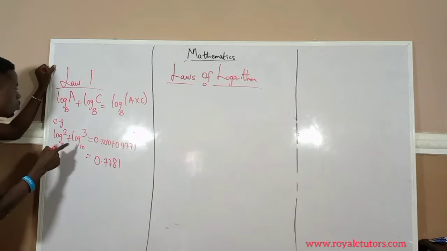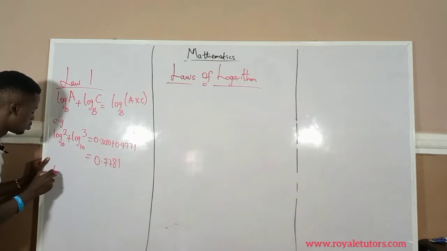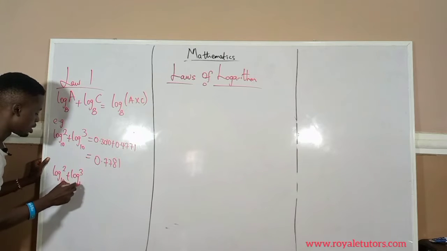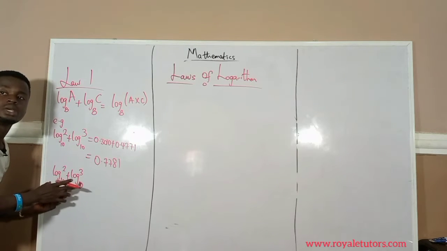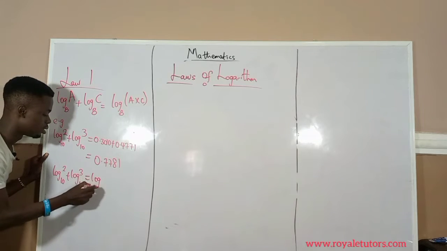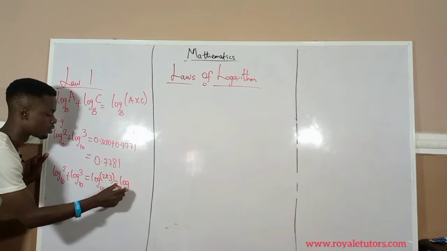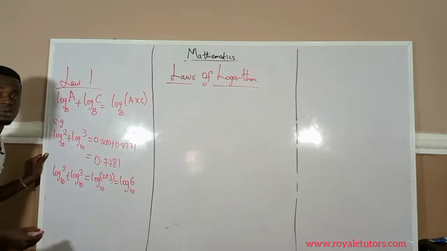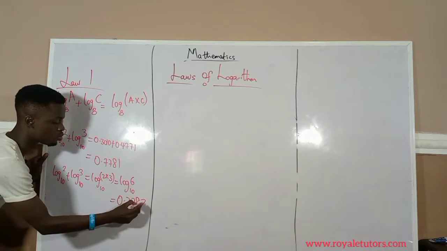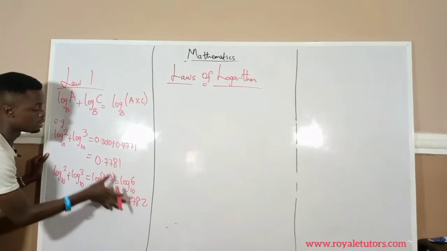So if you want to use the laws of logarithm, all you need to do is log 2 base 10 plus log 3 base 10. Since they have the same base, you just have to multiply the numbers together so that you can have log 2 times 3 base 10. This is going to give us log 6 base 10. If you press the calculator for log 6 base 10, you have 0.7782, which is because some numbers have been approximated here. So they are going to be the same.